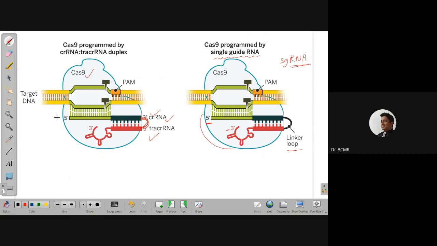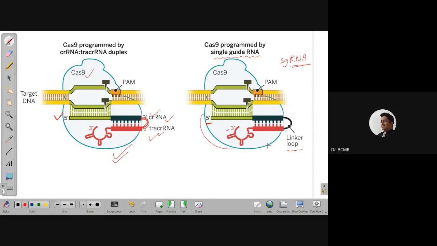In the previous one, if you compare, there are two RNA molecules: one is CRISPR RNA and the other one is tracer RNA. Now we have a single guide RNA that is continuous. Only thing, it is still able to form the same structure as it was forming in the natural conditions. So that is what they have made.